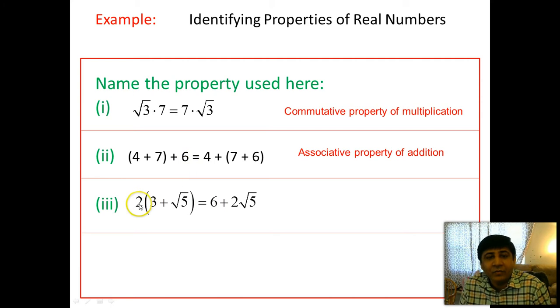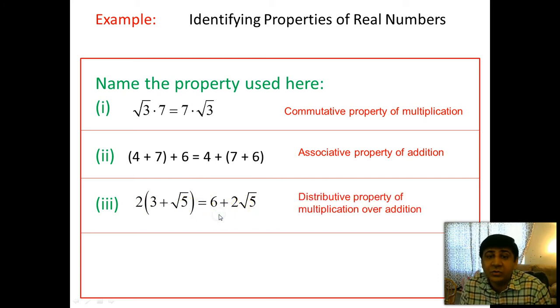Third one is, suppose we have 2 times parentheses 3 plus square root of 5, and then we distributed 2 here. Which property did we use here? We used the distributive property of multiplication over addition, going back to previous slides. As a last example, this is about what produces 0.